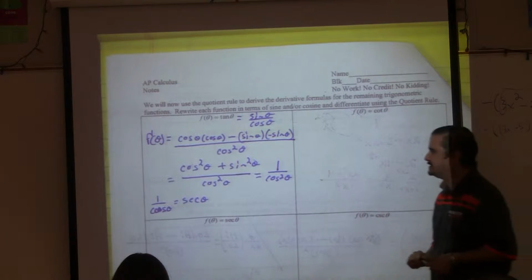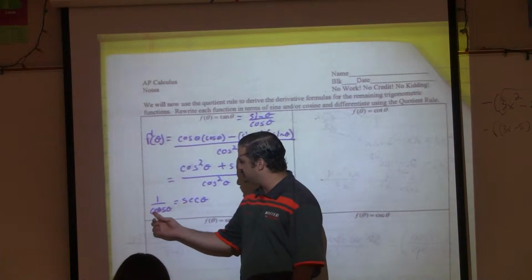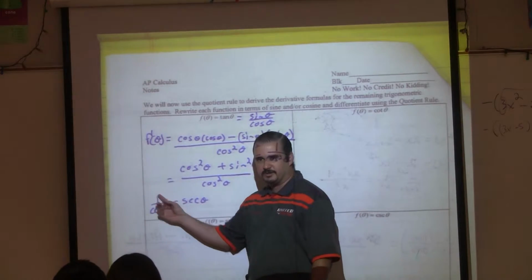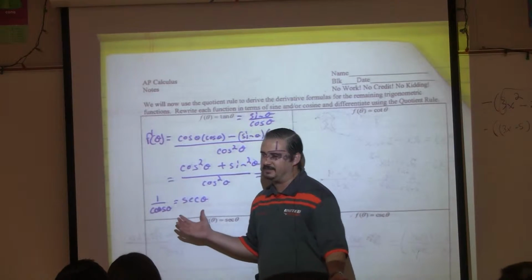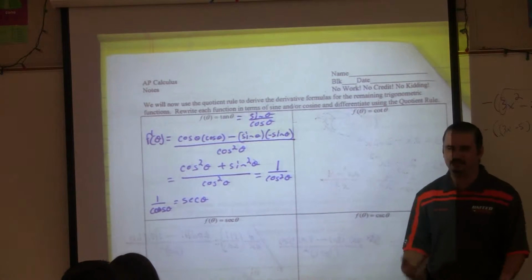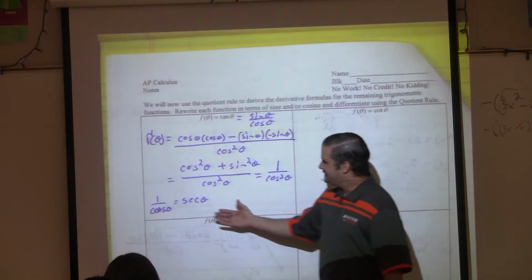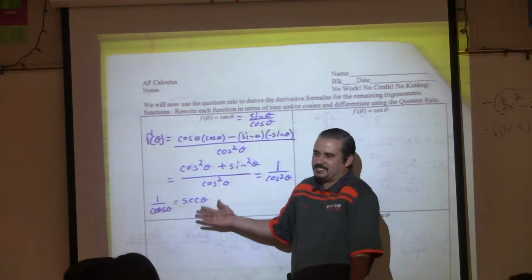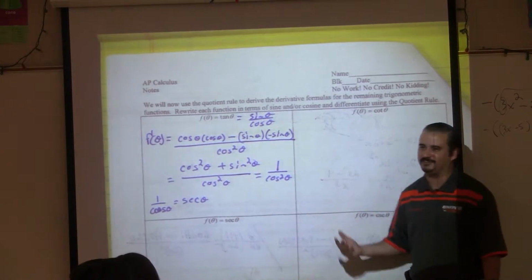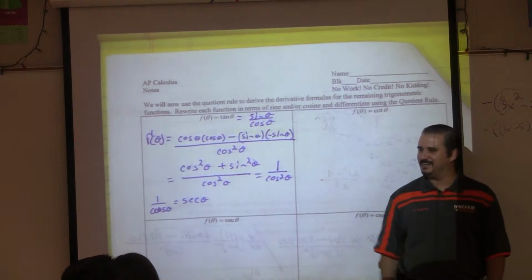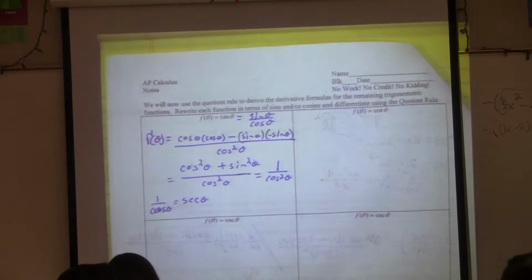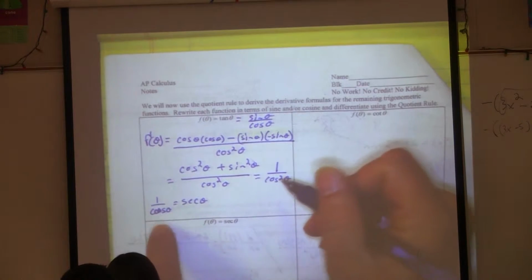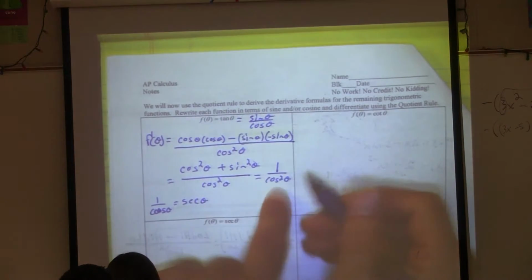Why couldn't these mathematicians just put it with the same letter, like 1 over cosine, make it cosecant? They have to be mean and switch up the letter. But anyways, if 1 over cosine is secant, then 1 over cosine squared is what?